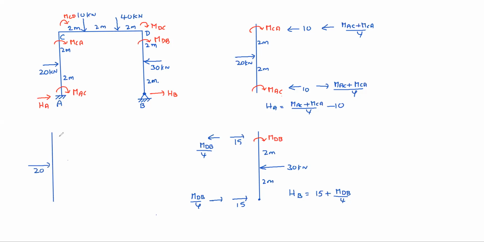Here moment is there, MCA, here moment is there, MAC, here HA may be like this. Here it may be like this. Or okay, no problem. Direction is not a problem for us. Suppose here HA means here it may be 20 plus HA based on that value. Okay. Now what is the shear force diagram for this? For this particular leg, what is the shear force diagram?